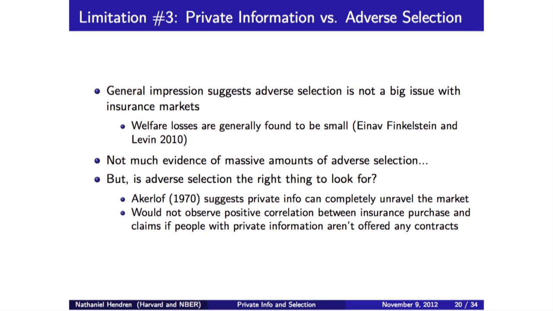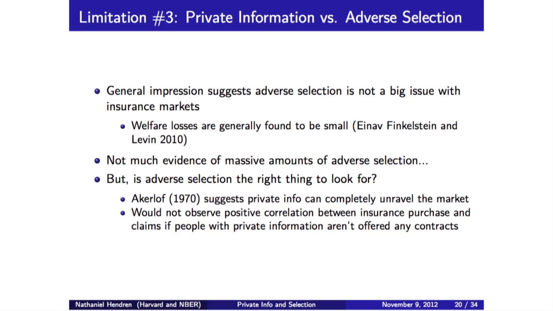The third limitation that I'll talk about is a little bit closer to my own research, but this is really talking about the difference, what we said in the first slide, between private information and adverse selection. There's a general impression that adverse selection may not be a big issue with insurance markets. There are a lot of papers finding evidence of some adverse selection, but in general, the welfare estimates are found to be small.